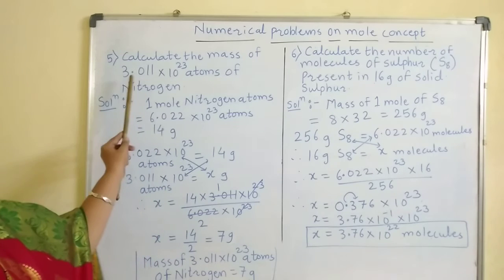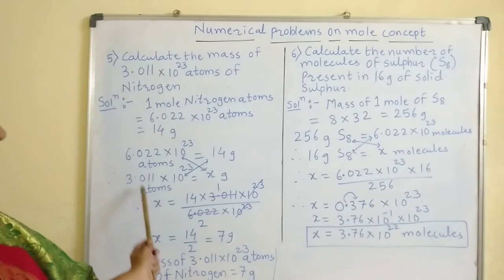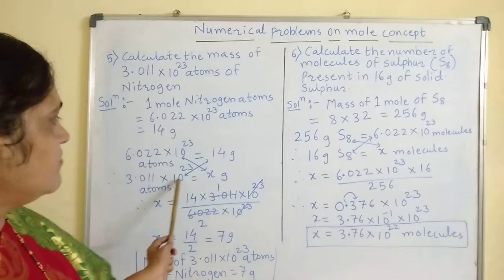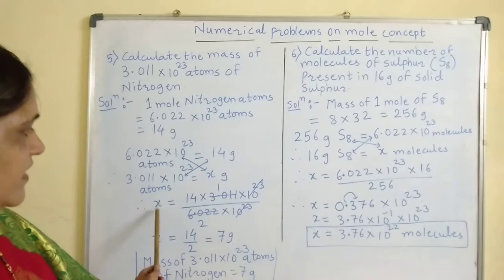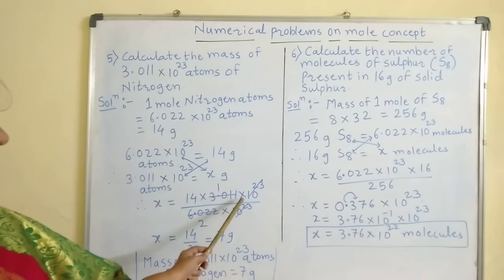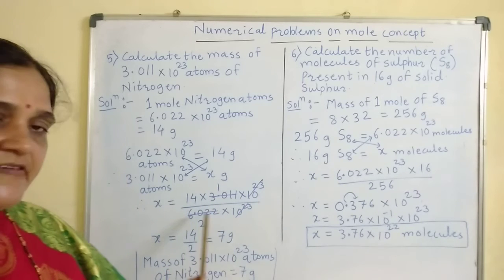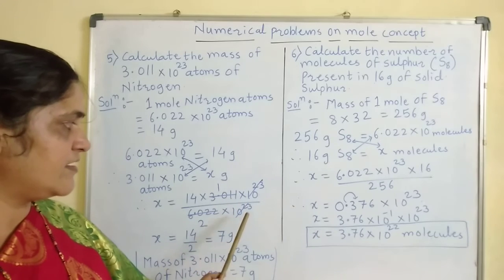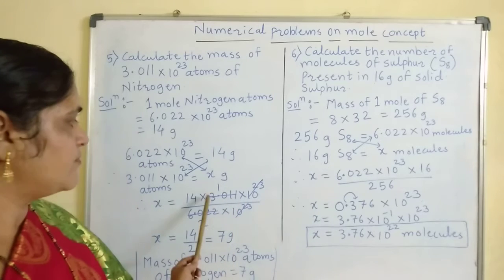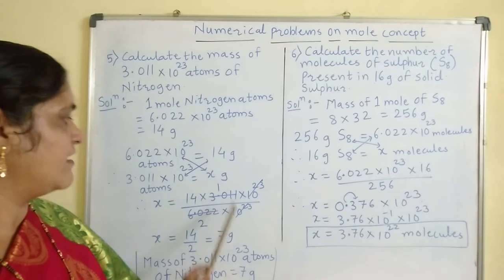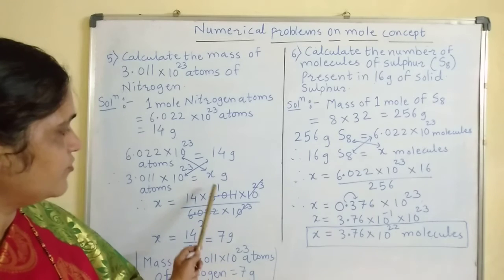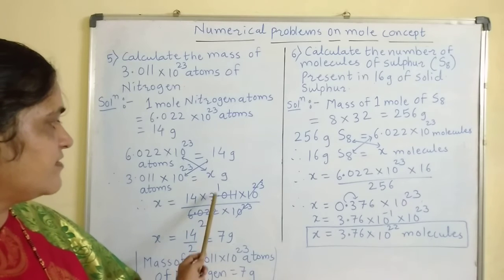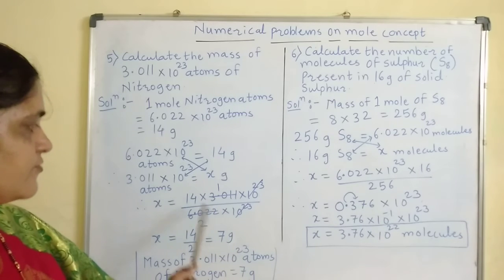Now we have to calculate the mass of 3.011 into 10 raised to 23 atoms. So 3.011 into 10 raised to 23 atoms will have x gram mass. Again we will do cross multiplication. So x is equal to 14 into 3.011 into 10 raised to 23 upon 6.022 into 10 raised to 23. 10 raised to 23 in numerator and denominator will be cancelled. 3.011 can divide 6.022: 3.011 2s are 6.022.